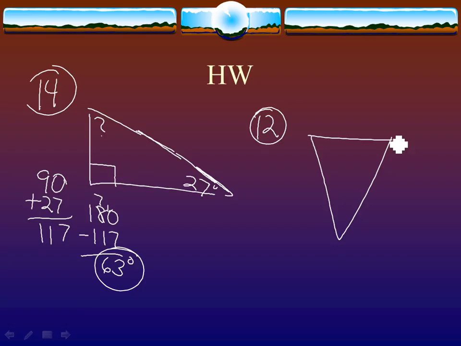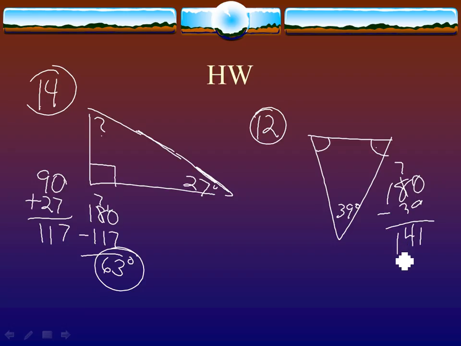What do these tell us about those two angles? They're the same, they're congruent. What's that say, 39 degrees? How can we find these two angles? 180 minus 39. That gives us 141.